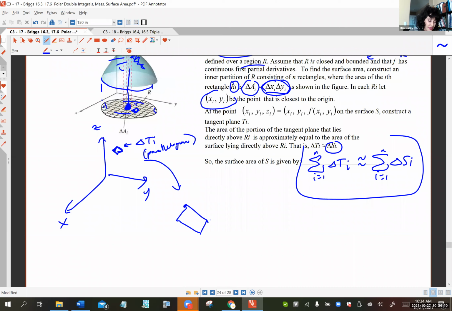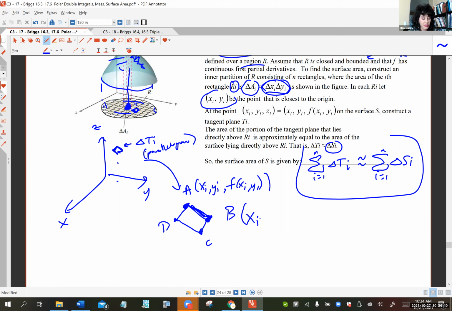I'm going to label the points. The point that's closest to the origin, I'm going to call it A. And then how about this point B, this point over here C, and this point D. Now the point that's closest to the origin would have the ordered triple x sub I, y sub I, f evaluated at x sub I, y sub I. The point B, since you're heading in the y-axis direction, is going to keep the same x coordinate because he's still in alignment with x here.